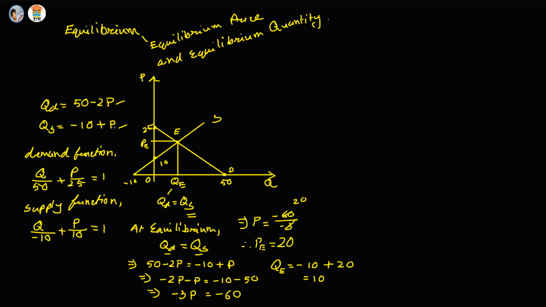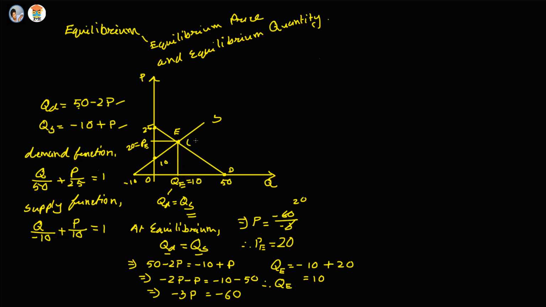We have put the equilibrium price in the supply function. Same thing will happen if we put it in the demand function. If we put P is equal to 20, then 2 into 20 is 40, 50 minus 40 is equal to 10. So equilibrium quantity QE is equal to 10. We can write equilibrium price is 20 and equilibrium quantity is 10.